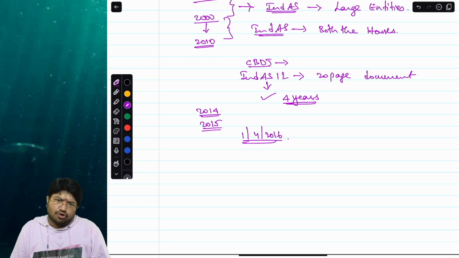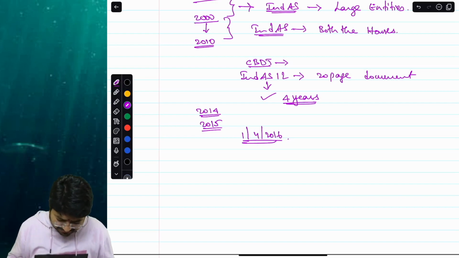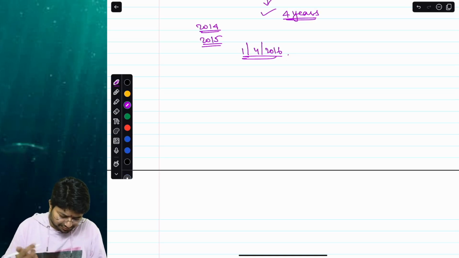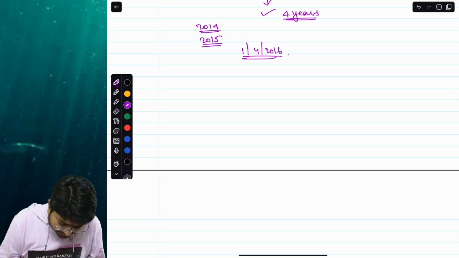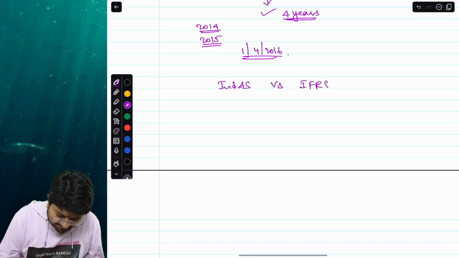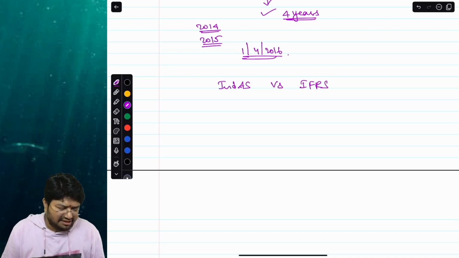Now, before we go to that phased manner of implementation, there is something else you should know. It is about Ind AS versus IFRS.